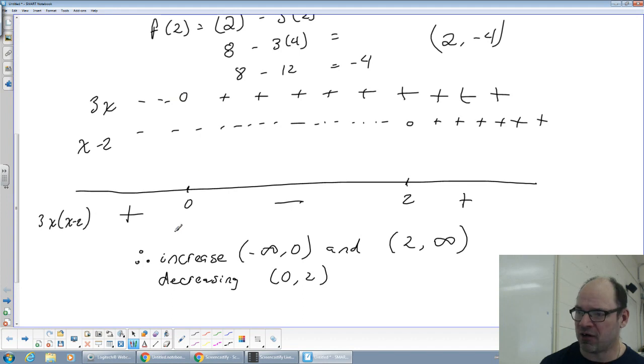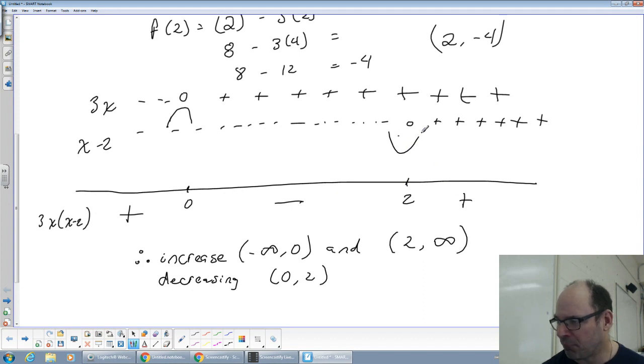Okay, and then where is there a minimum and where is there a maximum? This one's going positive, flat, negative. So this point would have that. This point would have negative, flat, positive. So this is a min, and this is a max.